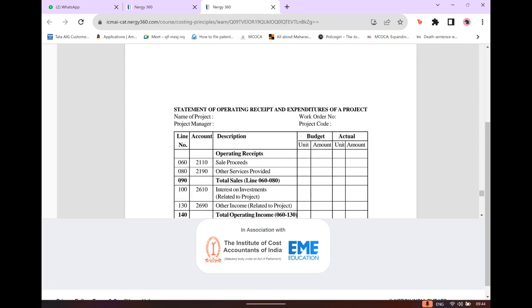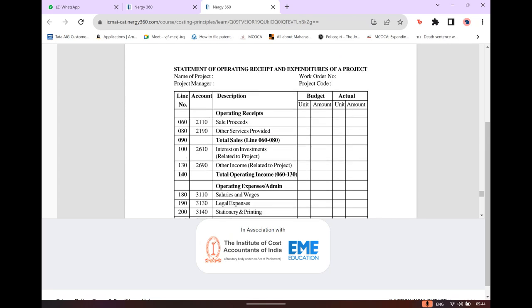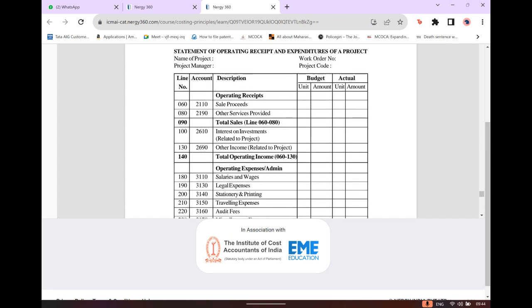So let us see how to prepare the receipts and expenditures of the project. The statement of operating receipts and expenditure account. Operating receipts: the incomes will be in the form of sale proceeds, other services, total sales you get, and other operating incomes, interest on projects and other income.